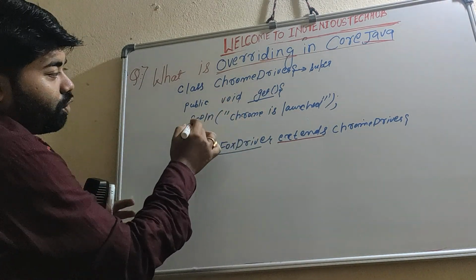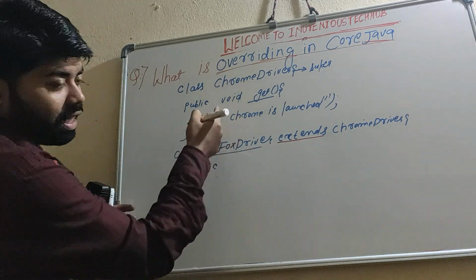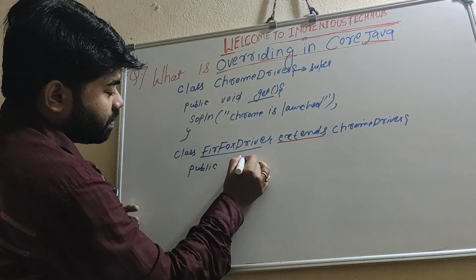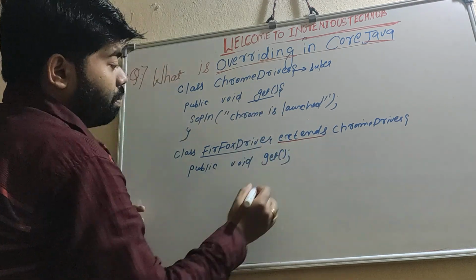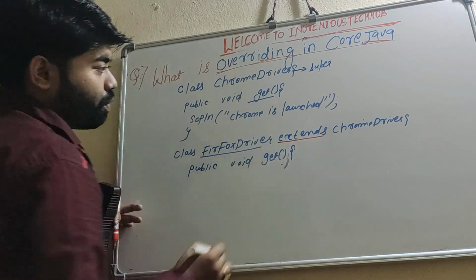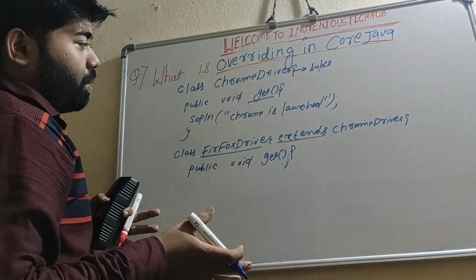Now I'm going to create the same public method in the subclass, but we have to provide a different implementation. What is the meaning of different implementation?